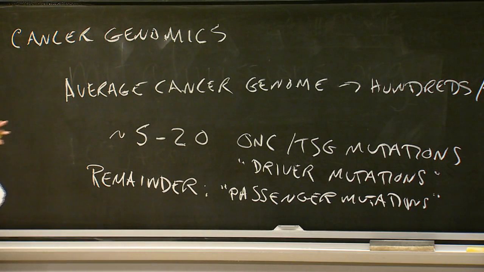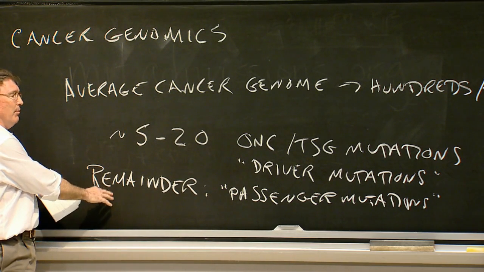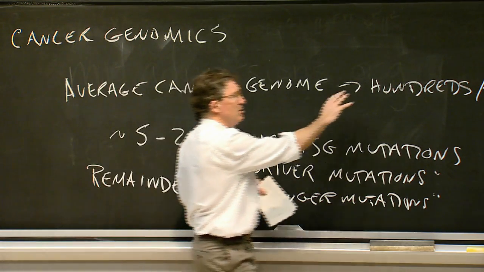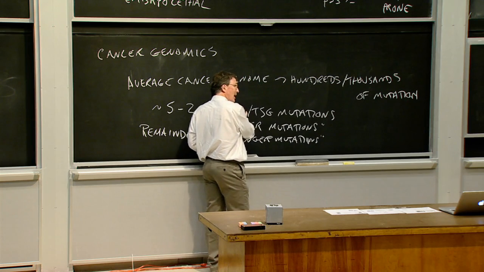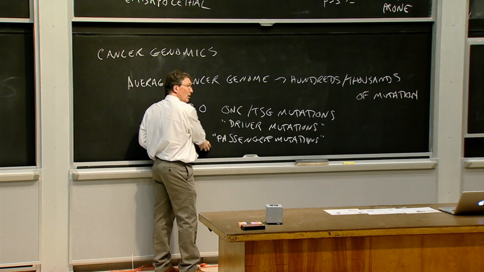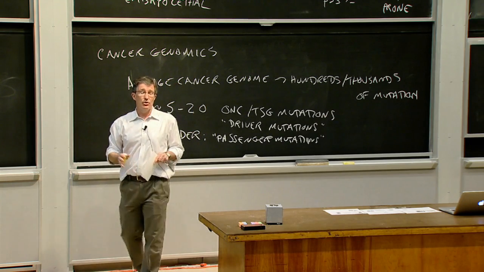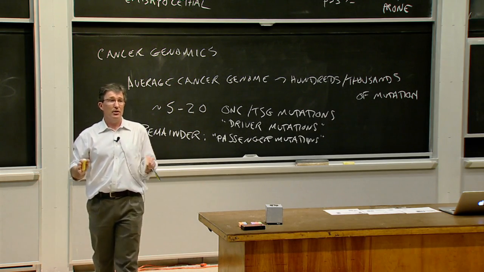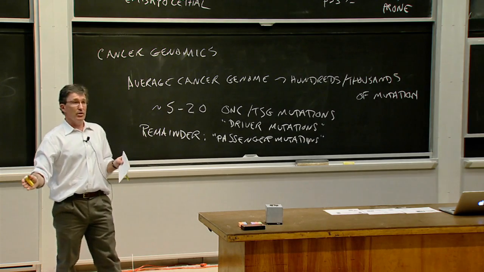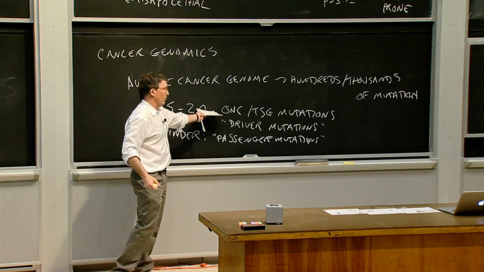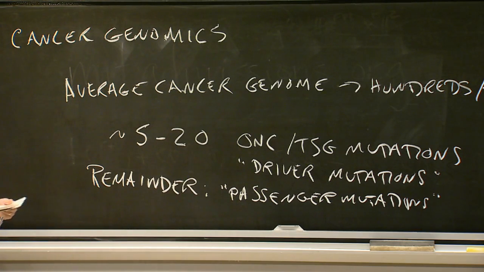So that clone of cells that develops carries those mutations too, but they're not actually contributing to the cancer phenotype. So among the hundreds and thousands of mutations, some of them really matter, and some of them are just going along for the ride. Okay? It makes the analysis of the cancer genome much more complicated, actually, because it's hard to tell what's a passenger and what's a driver. But increasingly, we're recognizing what are the important ones and focusing our attention on them.